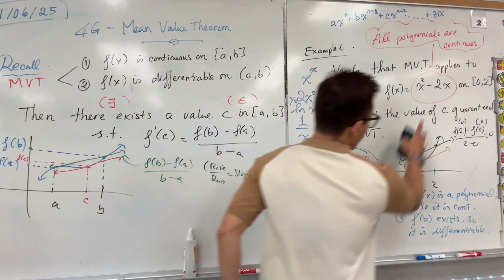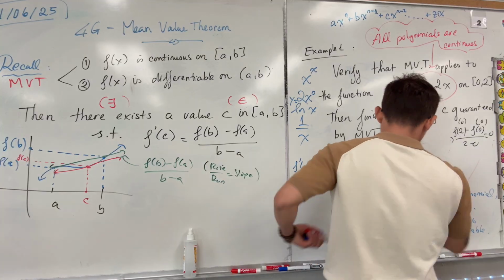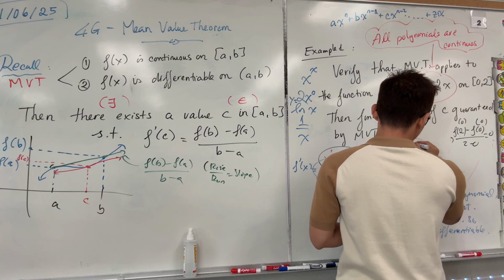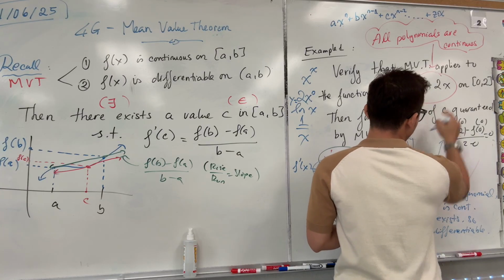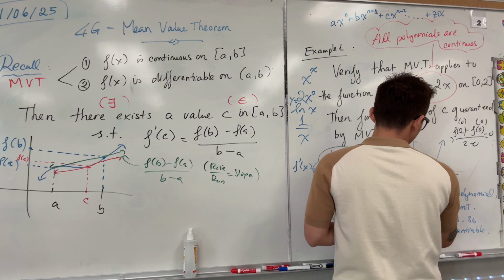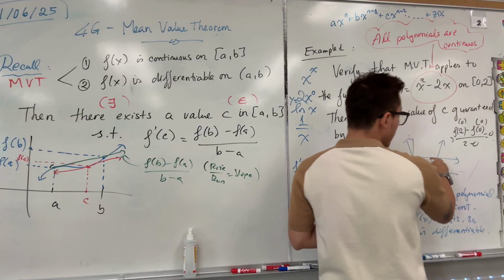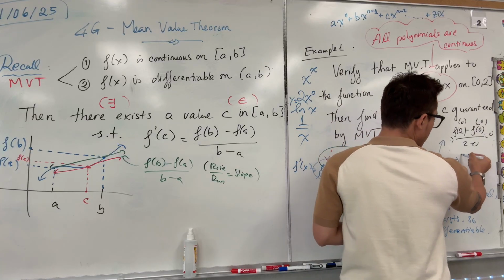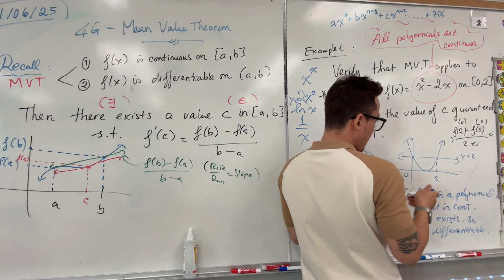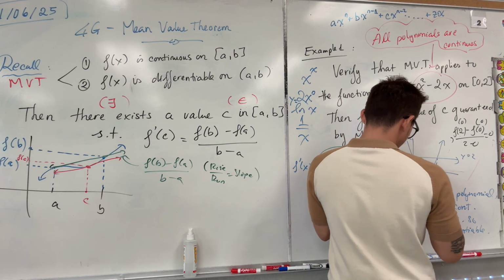This is quadratic, so the graph should look like this. There's no moving up and moving down, so it needs to be exactly horizontal. So this is 0, this is 2. The slope for this is exactly 2, and the point here is the point c. Tell me what c is now.